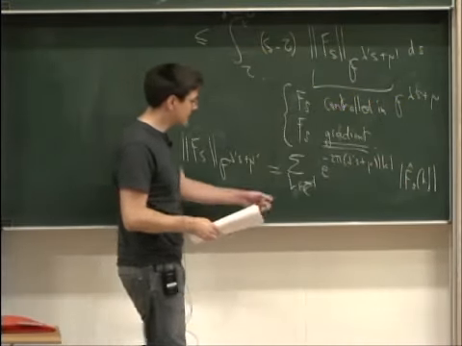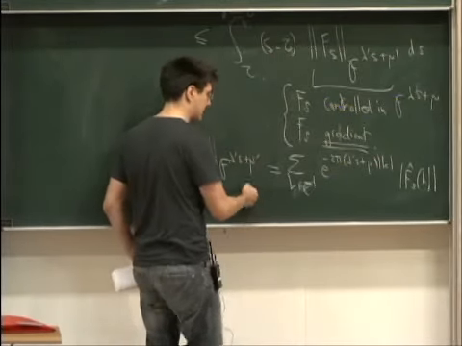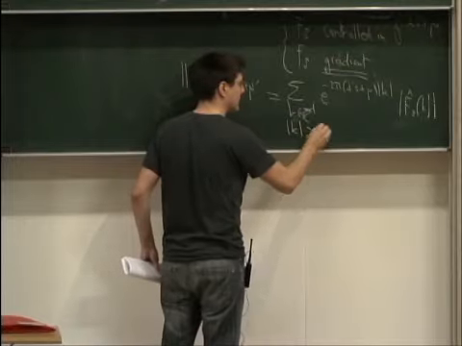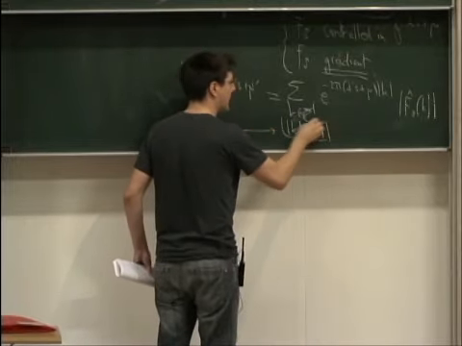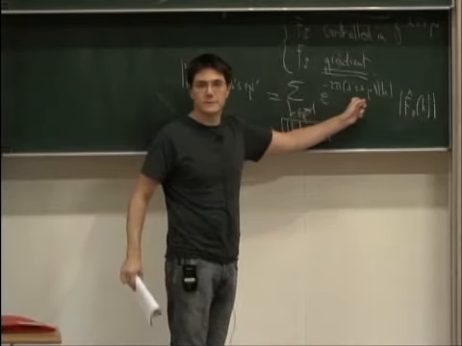You see immediately that if k is always greater than 1 in modulus, and that's the case for a gradient, we can add this in the sum. We can obtain some decay from this term.